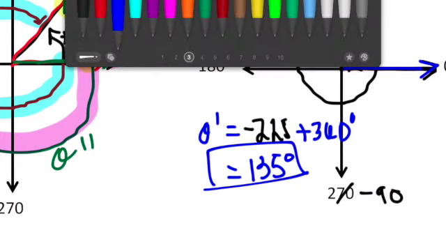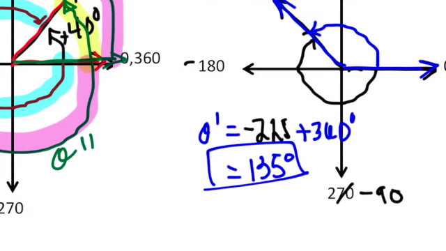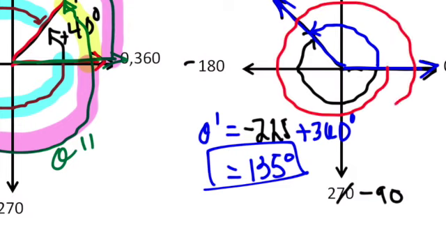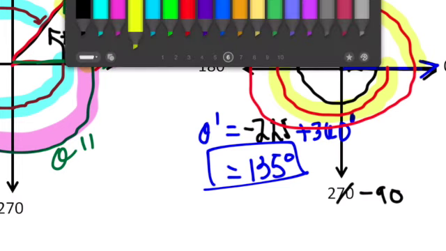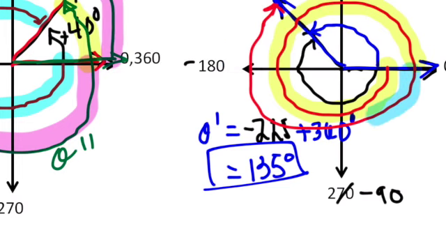Let's find a second angle, but let's make this one negative. So I'm going to travel the negative direction. I'm going to pass that angle once, and I'm going to go all the way back around and end up there. So remember that this is going to be negative 360 plus that negative 225 degrees.